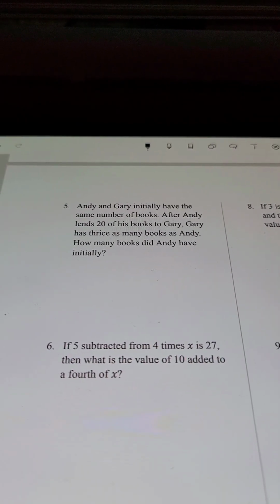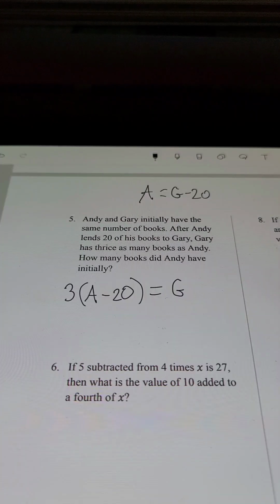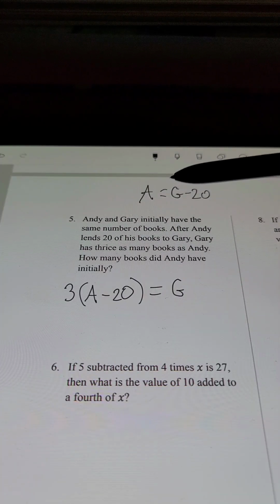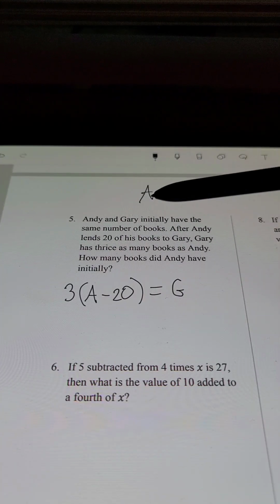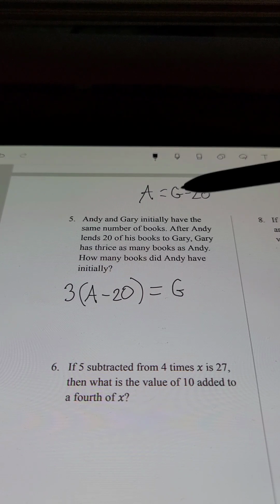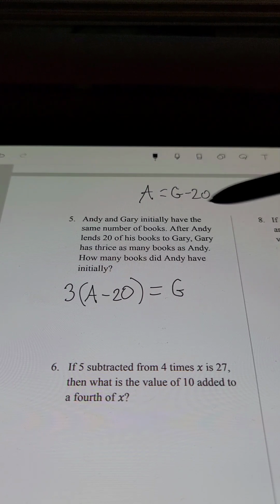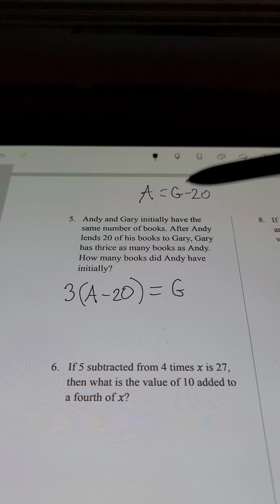Okay, so pause to read number 5 if you haven't already. So Andy's initial amount of books, remember they were equal initially, so Andy's initial amount is equal to Gary's amount now minus the 20 that Andy lent to Gary.